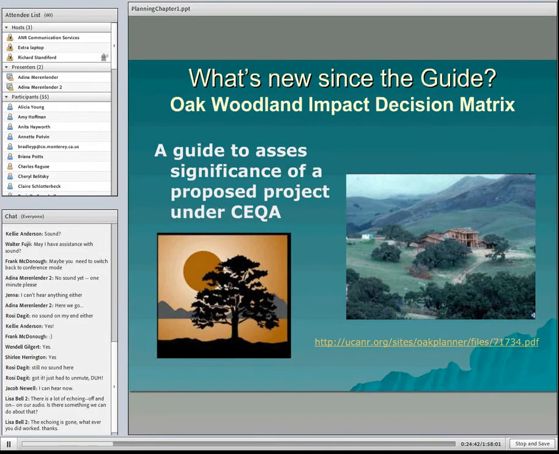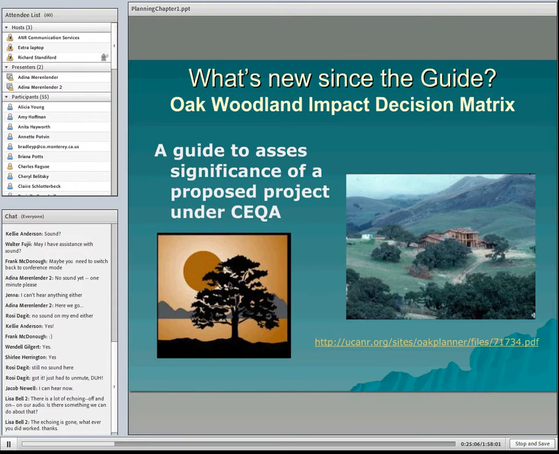Other things that we've developed in the meantime, again, here's another link for you, an expansion. We purposely designed, through the Planners Portal, an oak woodland impact decision matrix. Recent legislation is requiring planners to evaluate the impacts of non-agricultural projects under CEQA. And the question we got over and over again was, when is a project significant?